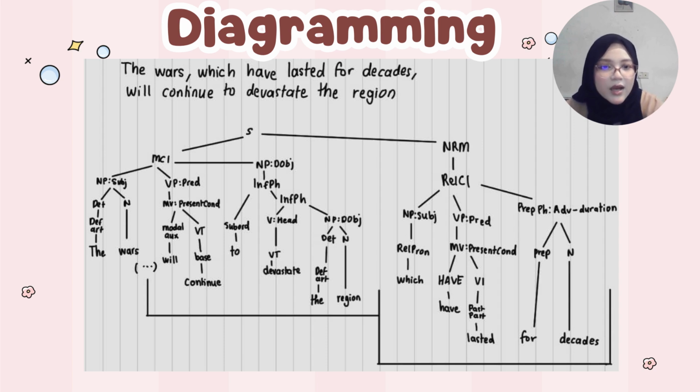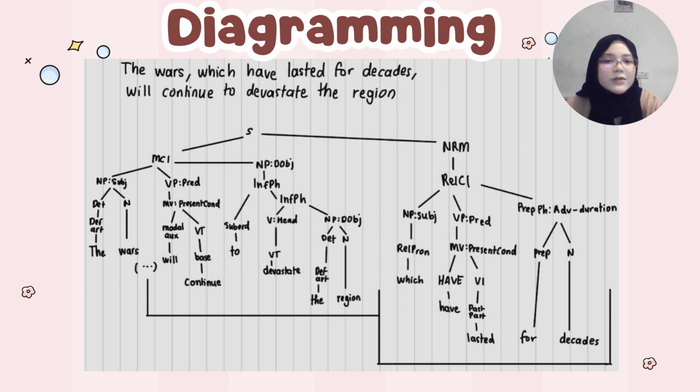The last one is the prepositional phrase adverb of duration because it acts as an adverb of duration. Under it we have two branches: the preposition, the word for, and then the noun, decades.